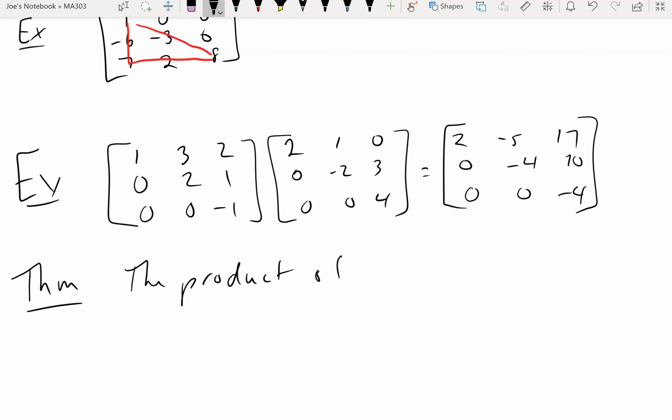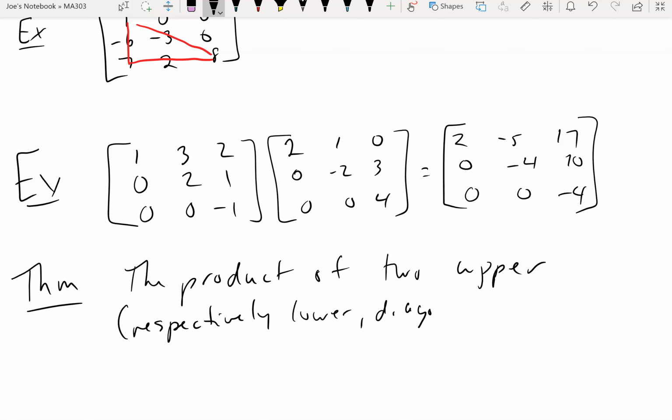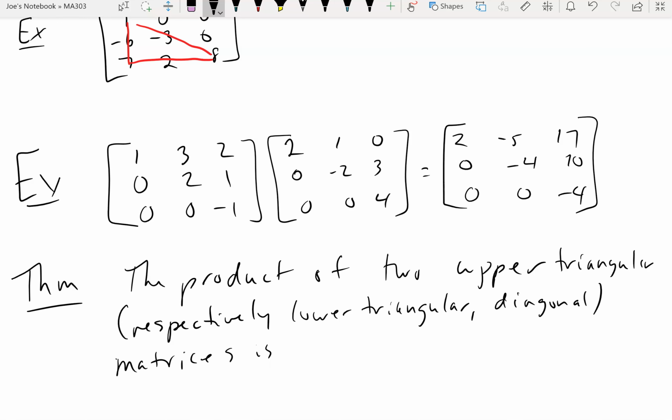the product of two upper, respectively, lower, or diagonal, I should put the word triangular in here before I write that diagonal part, matrices is upper triangular, and then again respectively lower triangular and diagonal.